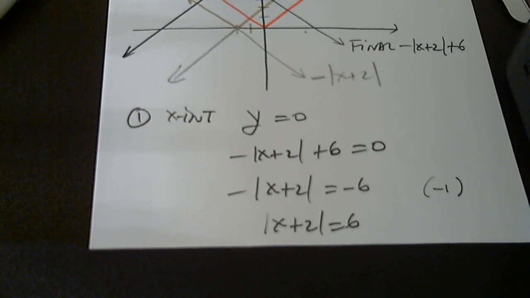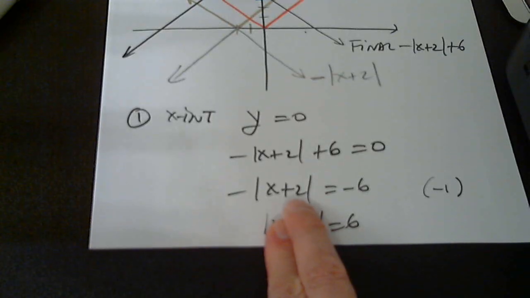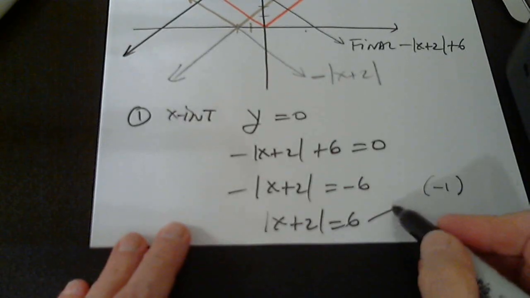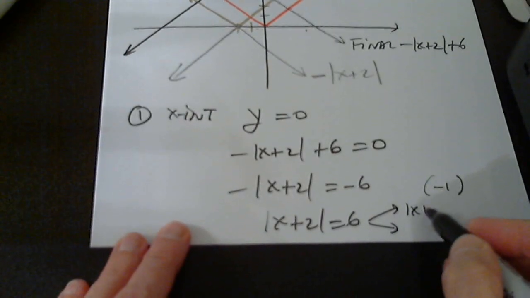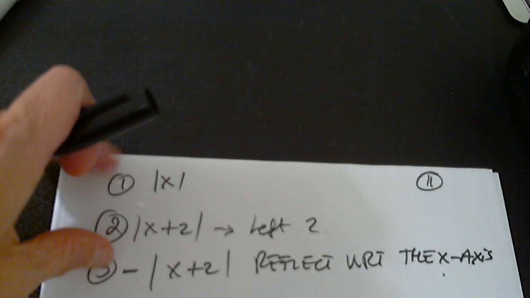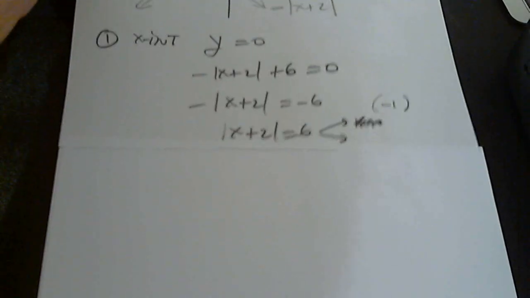Remember, this is a very simple situation. You have to ask yourselves, what can I have in here? And there are two options, either 6 or negative 6, because both of them in absolute value will give us 6. So from here, we have two options.